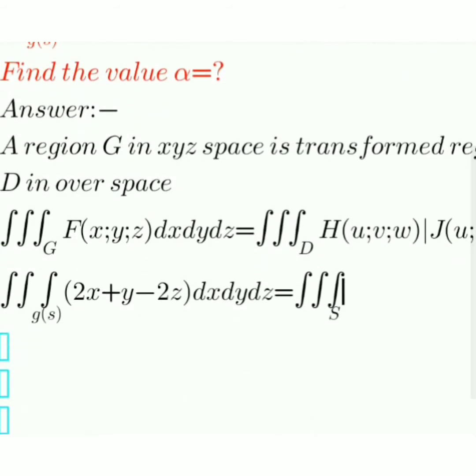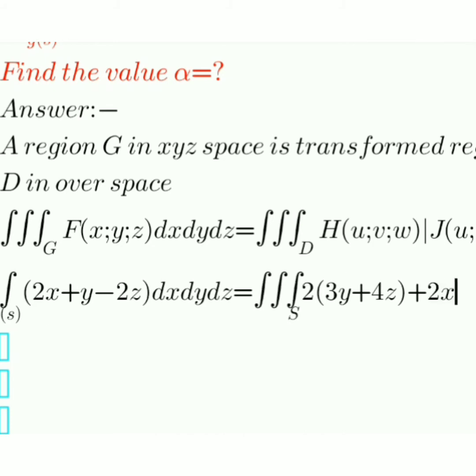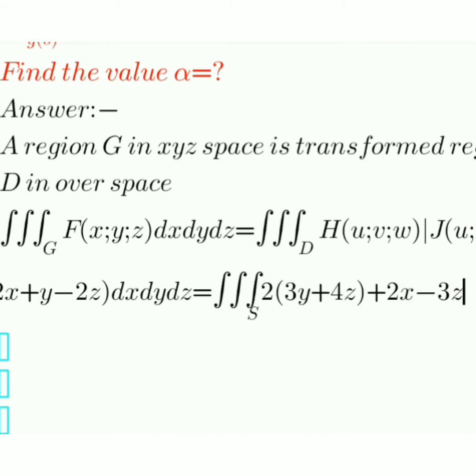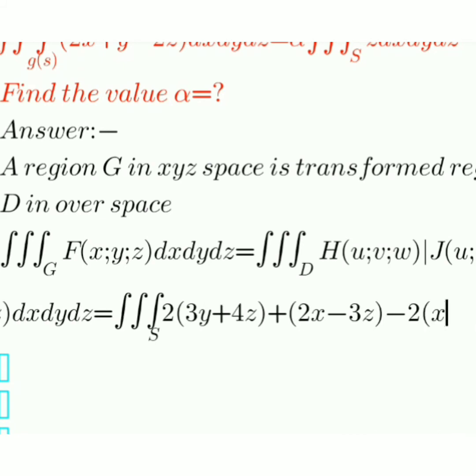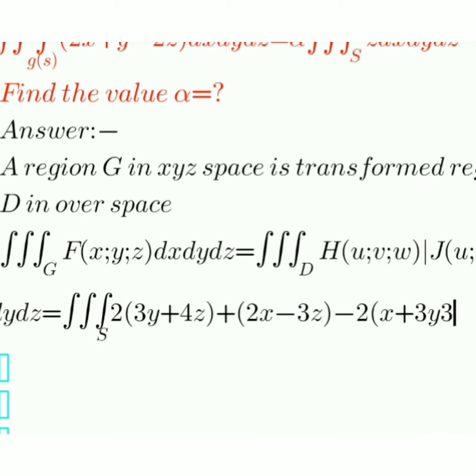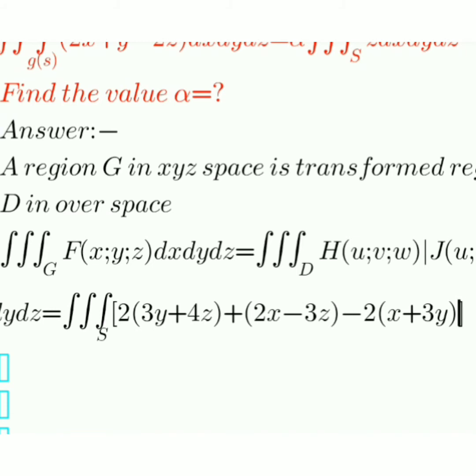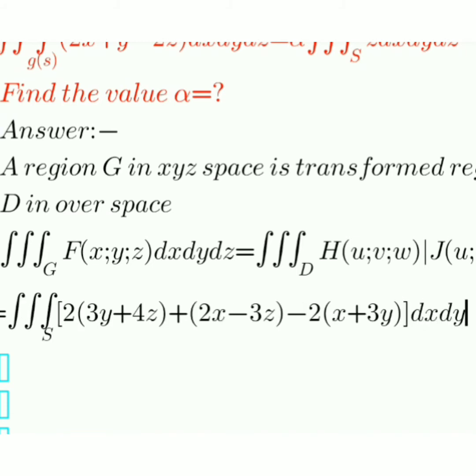So I changed my coordinate and I can write this as 2 into (3y + 4z) plus (2x - 3z) minus 2 into (x + 3y). This is my total, and it can be written dx into dy into dz.